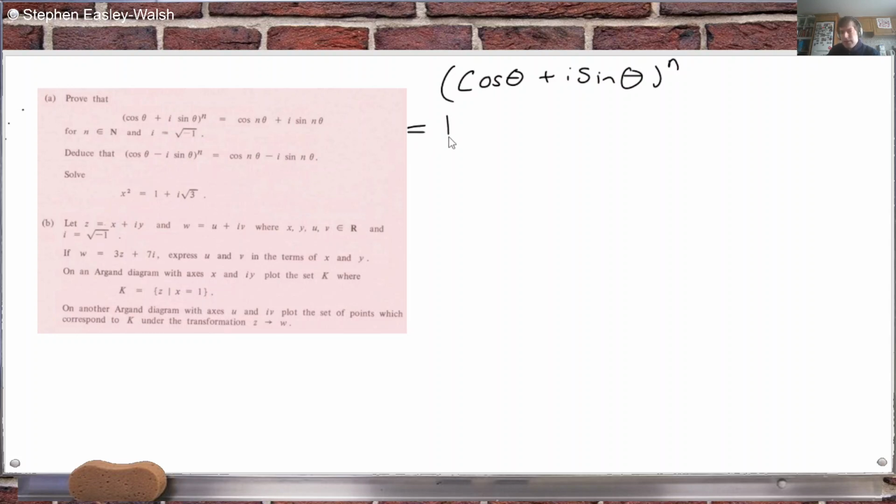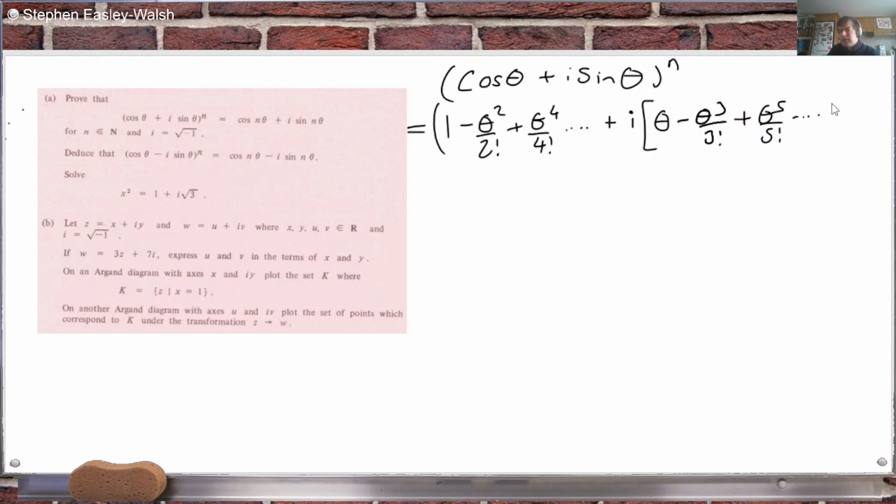Cos theta is 1 minus theta squared over 2 factorial plus theta to the 4 over 4 factorial, etc. And then that's plus i sine theta minus theta cubed over 3 factorial plus theta to the 5 over 5 factorial.